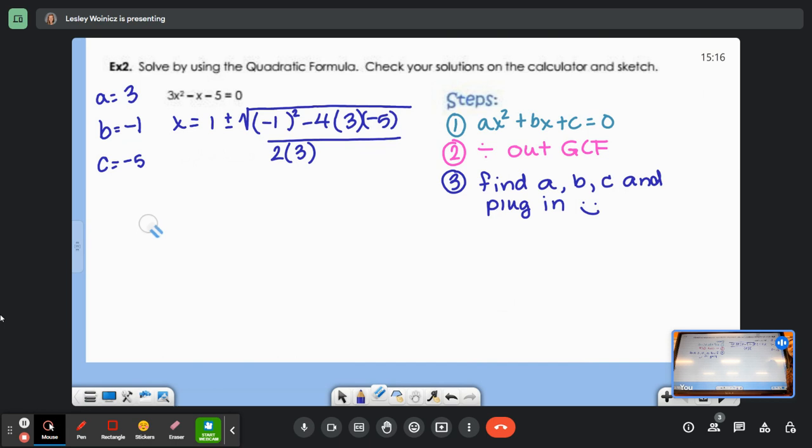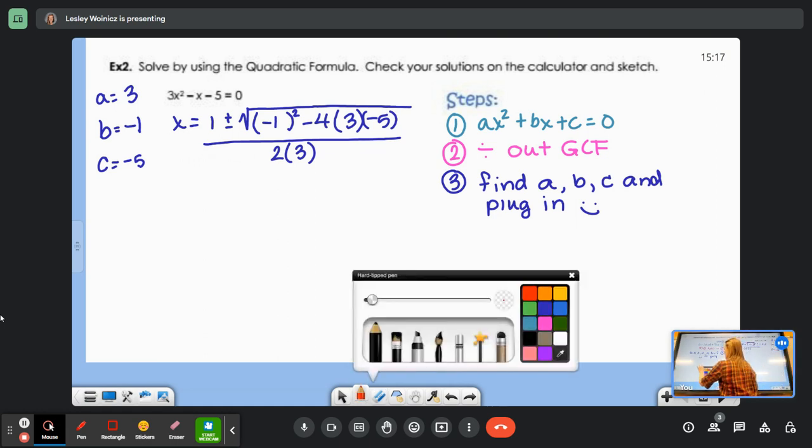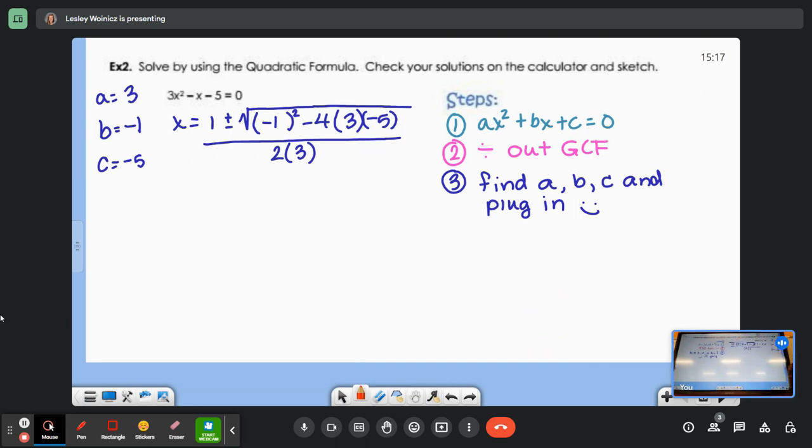And then they forget that the whole thing has to be divided by the denominator. Don't let this happen to you. Make sure that you keep your fraction bar across the whole side. Got it? And if it's happening to someone you love, make sure you get them the care that they need. All right, this part under the radical can be put in the calculator.